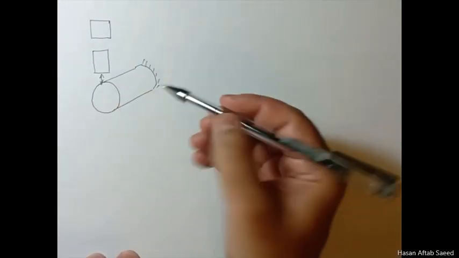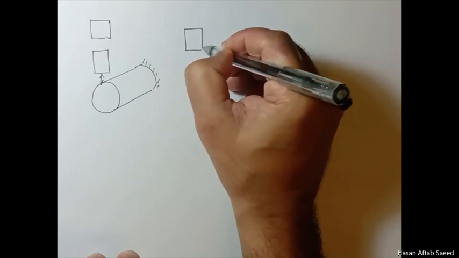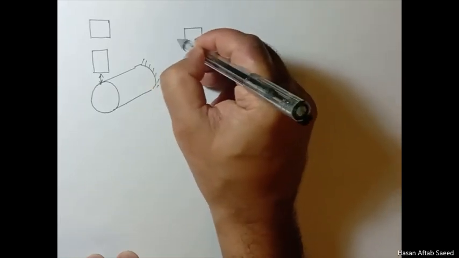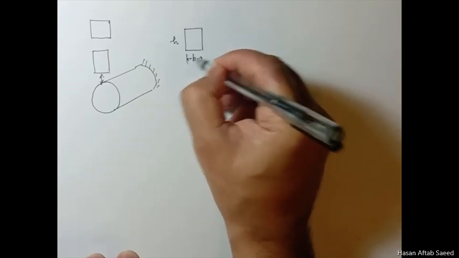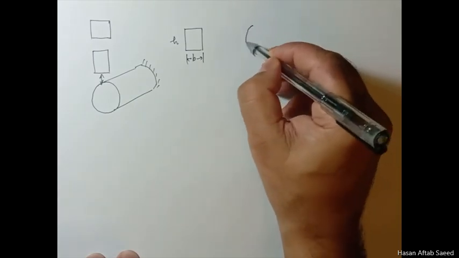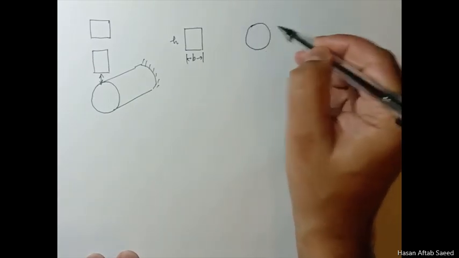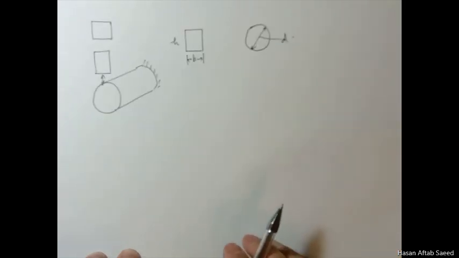So let's talk about this case first. For example, this height is h and this width is b, and for your rotating beam experiment, this is d.